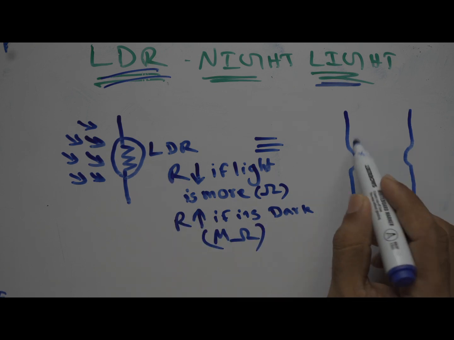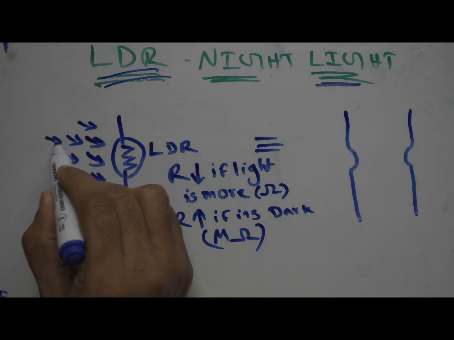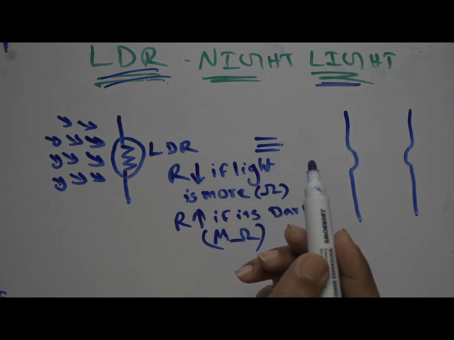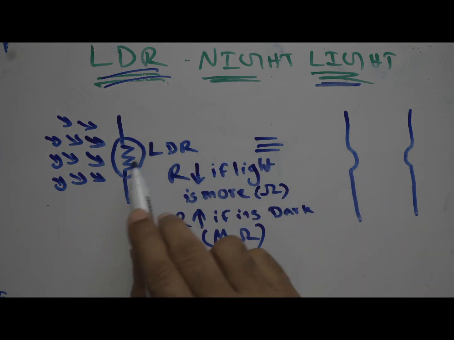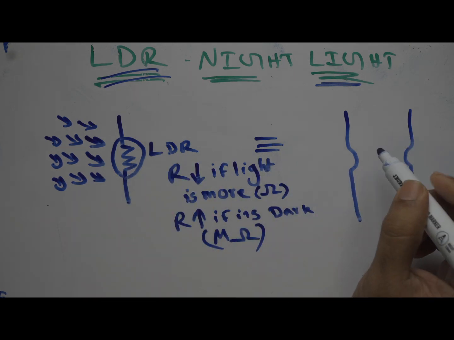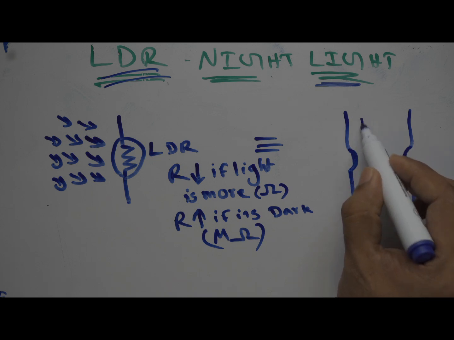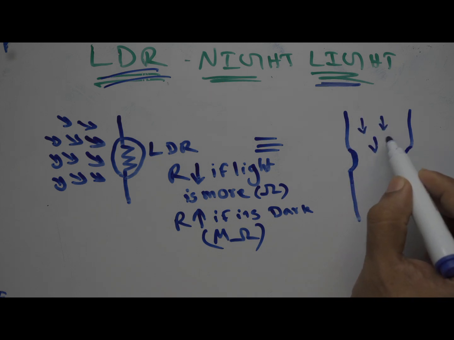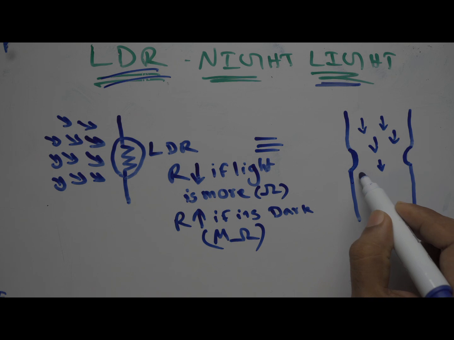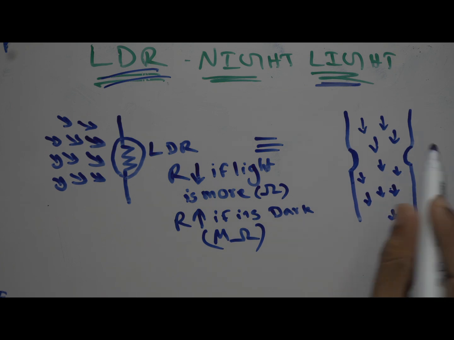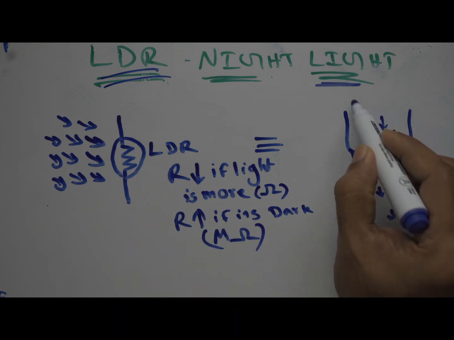Say for example, if you have more light on the LDR, the resistance is going to be less. When you have more light, this LDR will be similar to a pipe with a little bend in it. This portion you can call a resistance, and you have more voltage in case of a wire, more water flow in case of a pipe. This is how it will be in more light.